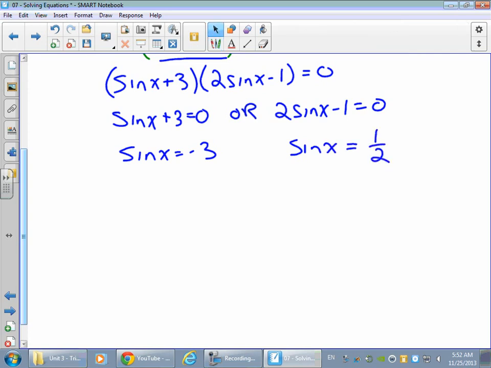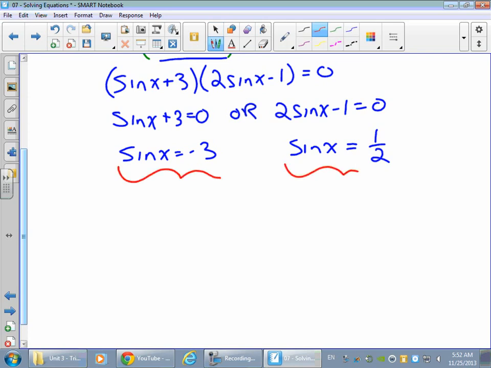Sine x would be 1/2. Now, if you know the answers to these, in this case, the sine x is 1/2, we know that our primary trig ratio, there may be others, of course.